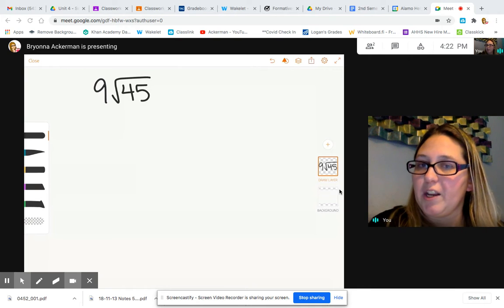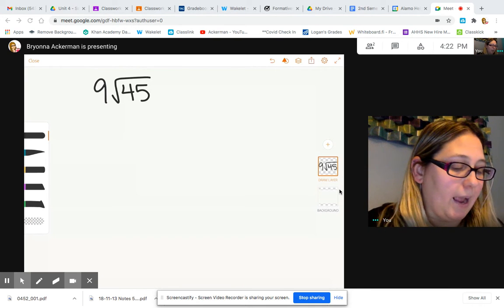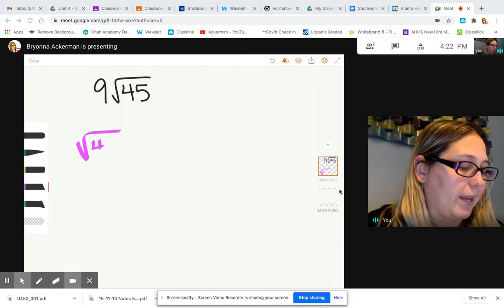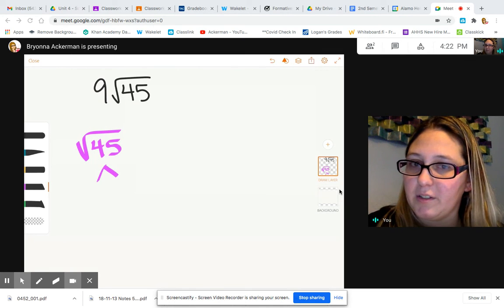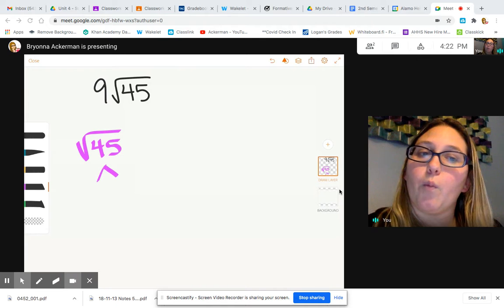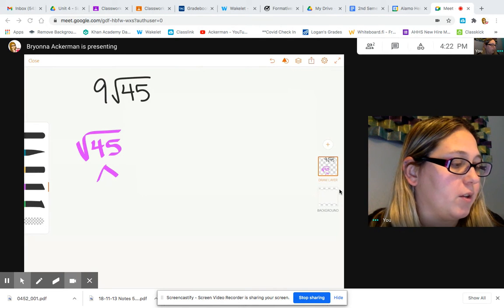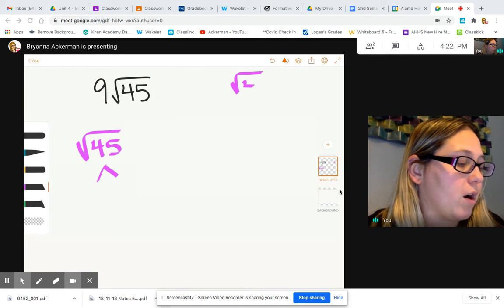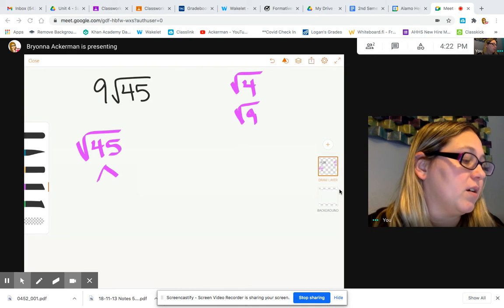You're going to want to ignore that 9 for a minute and just focus on the square root of 45. Again, you want to find factors of 45 where one of them is one of those perfect squares. We again have the square root of 4, the square root of 9, the square root of 16.